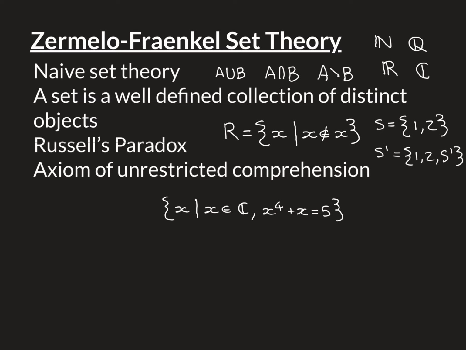Because how do you know in maths, if you're basing all of maths on set theory, that when you, for instance, define a set like this one, the set of all elements X such that X is an element of the complex numbers and X satisfies this equation, according to these rules? You've made a rule here. Using this axiom, you can use that rule to define this set.